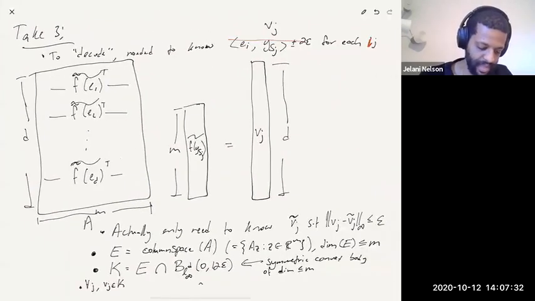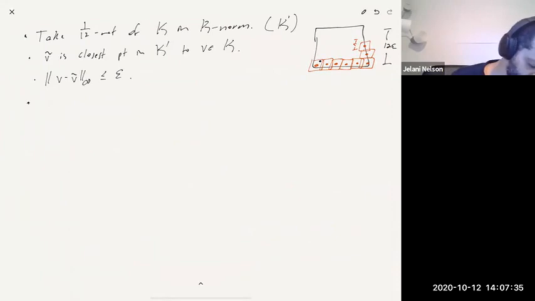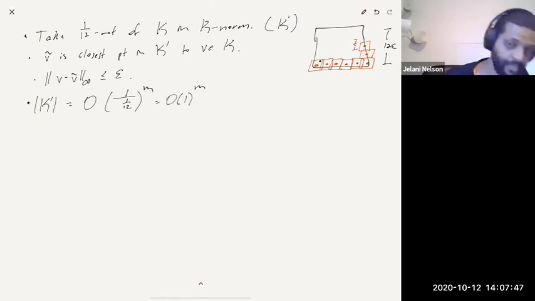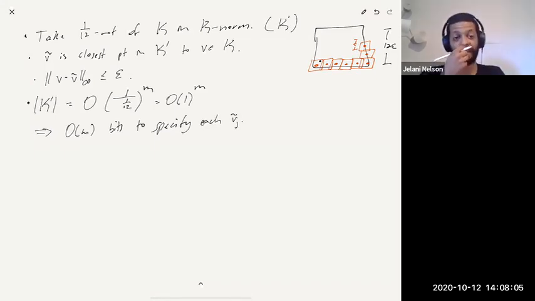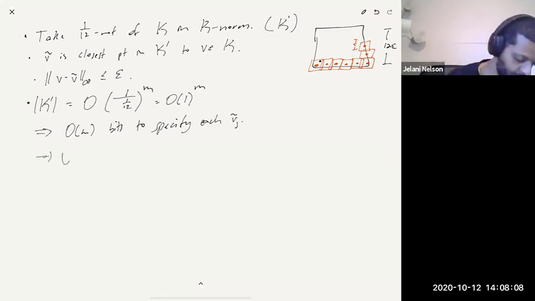Okay, so that means that K prime has size O of 12 to the dimension of the body, which is M, which is like O of 1 to the M. So that implies that to specify a point in the net, you only need O of M bits to specify each V_j tilde. So this implies O of NM bits total.